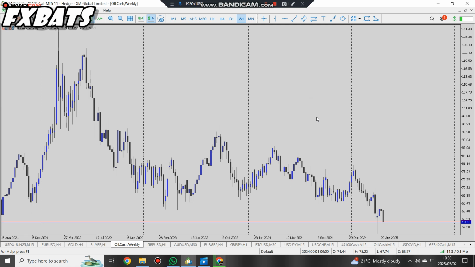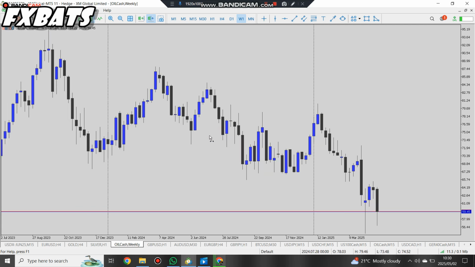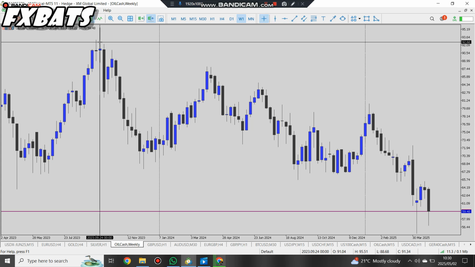stability in its movement. According to what we see on weekly, this is oil on weekly. We've been seeing a massive sell-off. You could say the trend has been bearish since 2023.